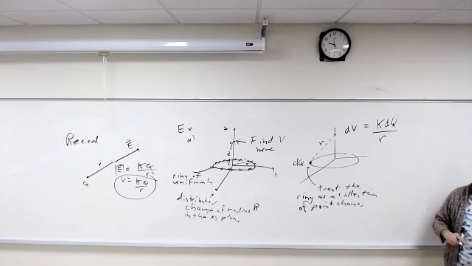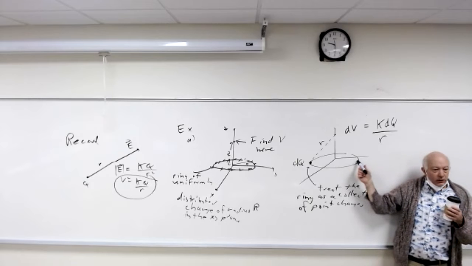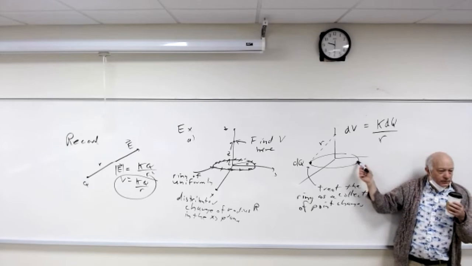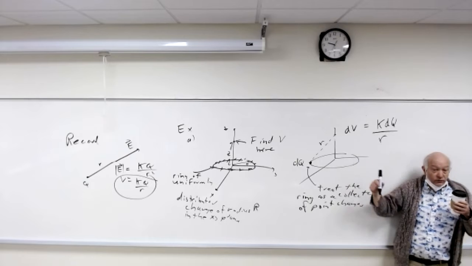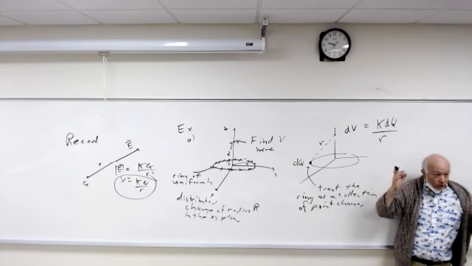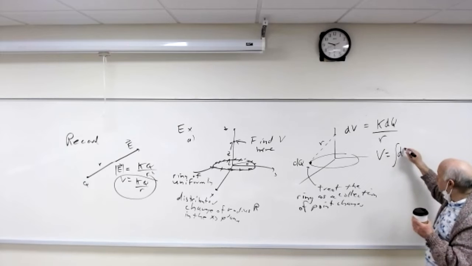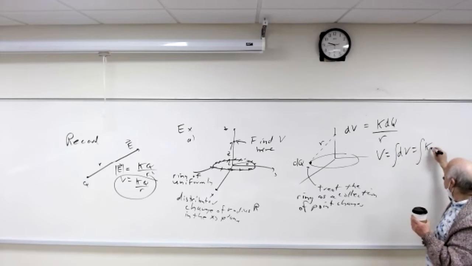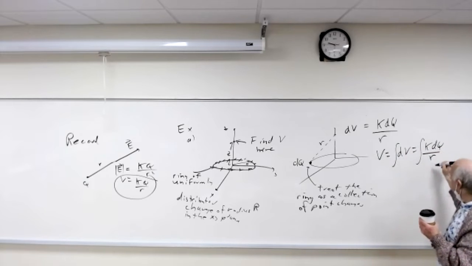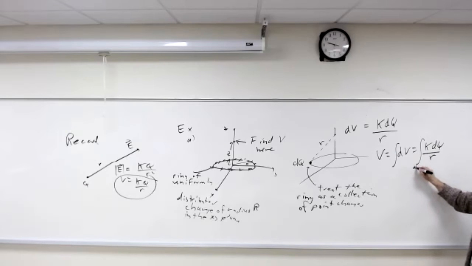Now, do I have to worry about casting out part of the component? No. Good, this is nice, because this is a scalar, so these just add. These are really nice to work with. So if I want the total voltage, I have to add up all the little voltages. I have to integrate this along the ring.